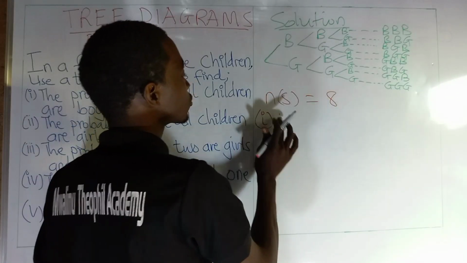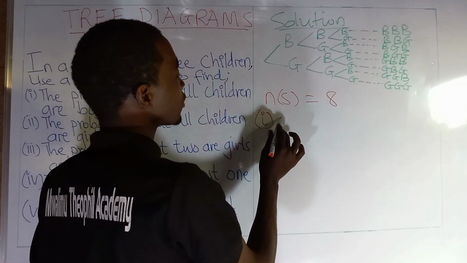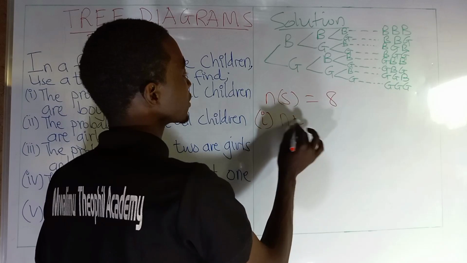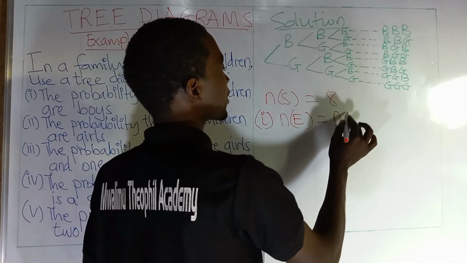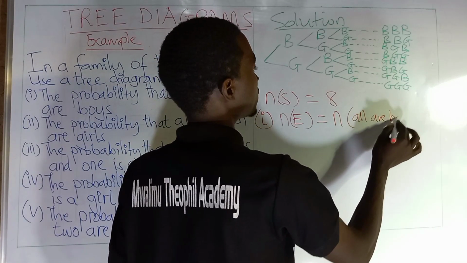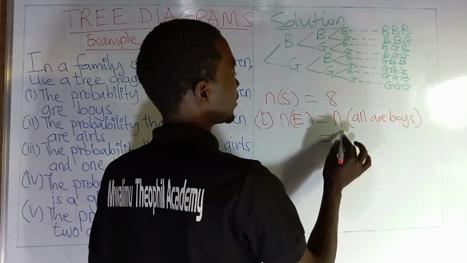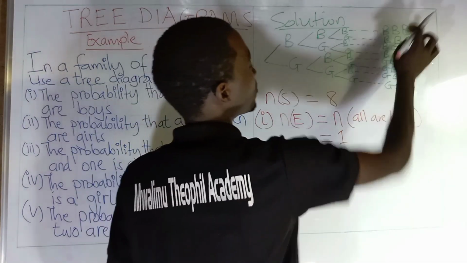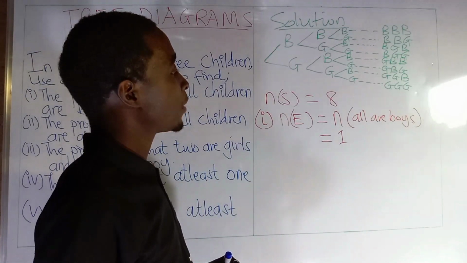No. So in Roman 1, the number of events, that all are boys, is equal to 1. As you can see, we have only one combination whereby all three children are boys.